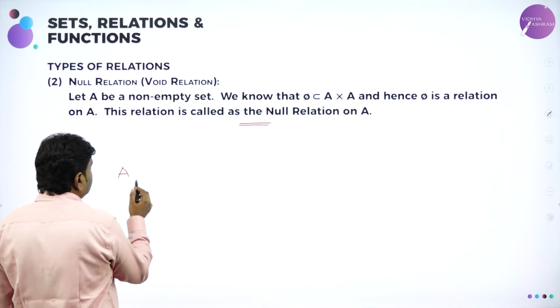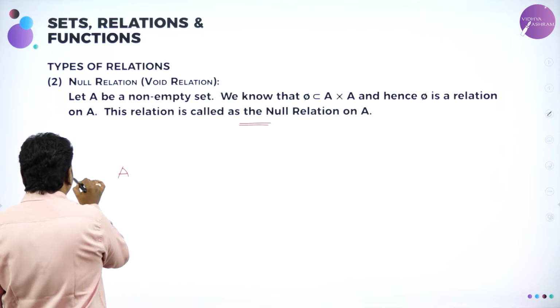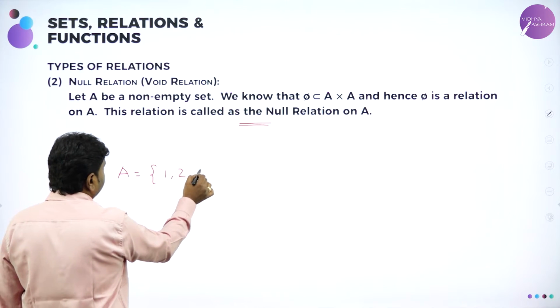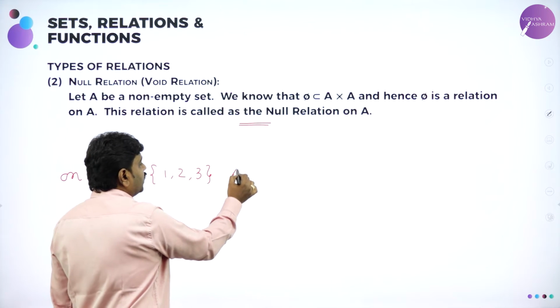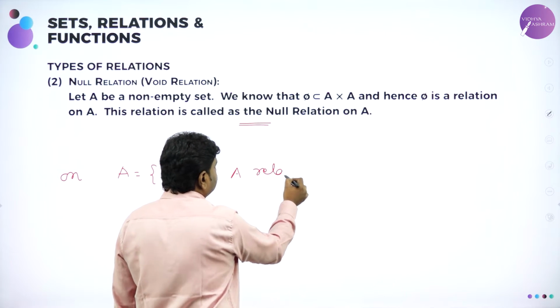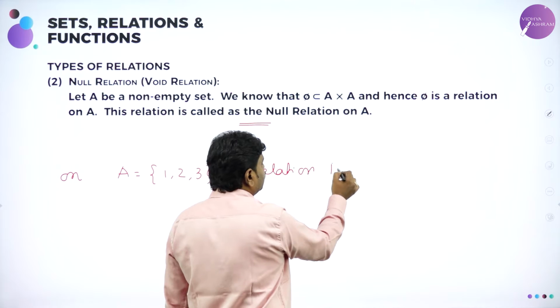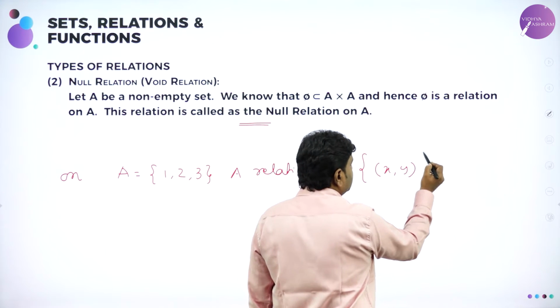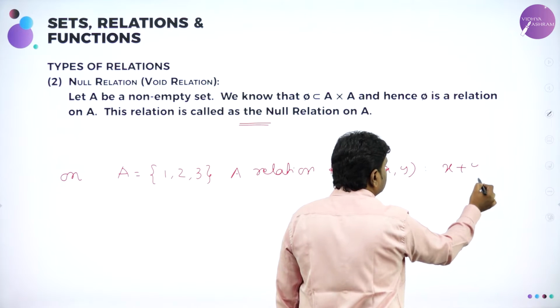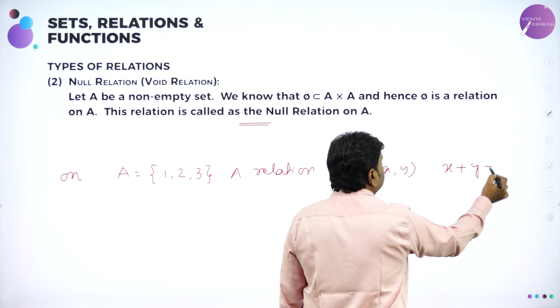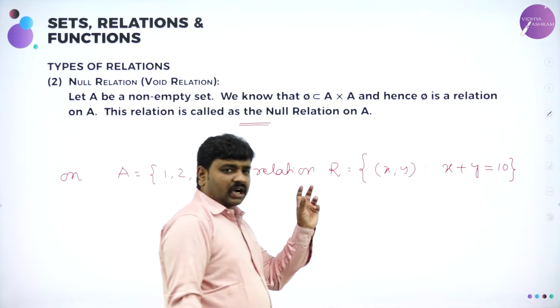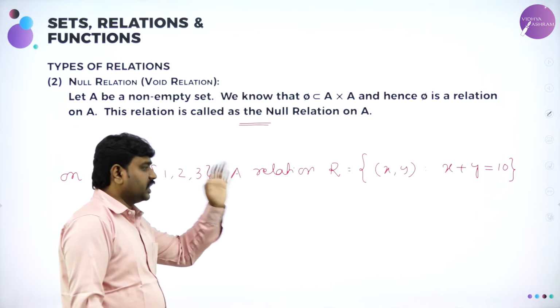For example, on set A equal to say {1, 2, 3}, a relation R is equal to {(x, y) such that x plus y is 10}. Means when I take an ordered pair and add, I should get 10.